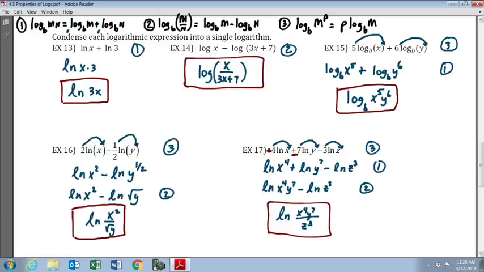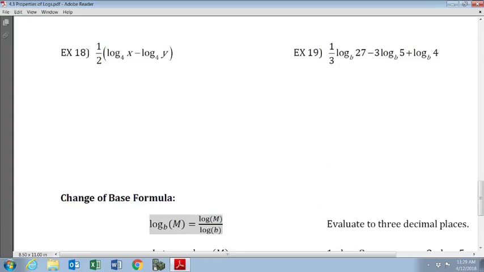Where you have the minus here, we have minus the natural log of z cubed, that z cubed ends up in the denominator. So that's something to watch for. In fact, after you've done a few of these, you may be able to go directly from here to here, or at least from here to here. All right, let's move on.